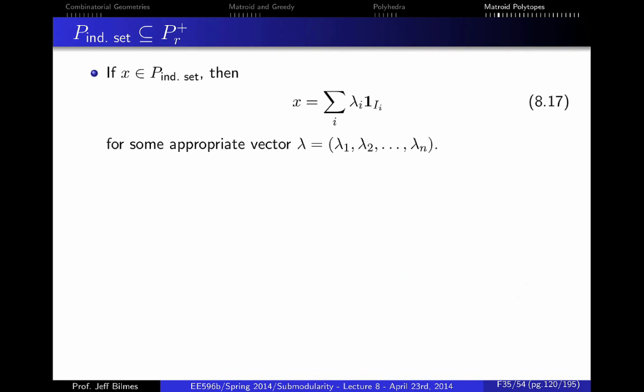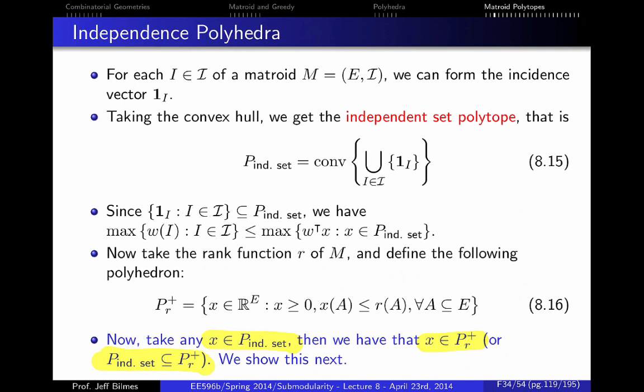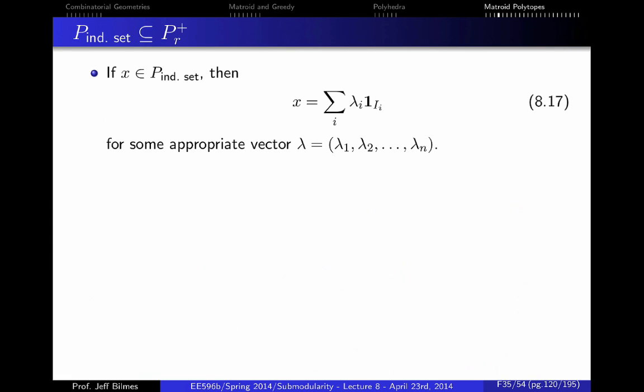How do we show it? Well, first of all, if we choose any x in the independence polytope, it means there's a set of convex coefficients such that x can be represented as a convex combination of the incidence vectors of the independent sets of the matroid, for some vector, right?